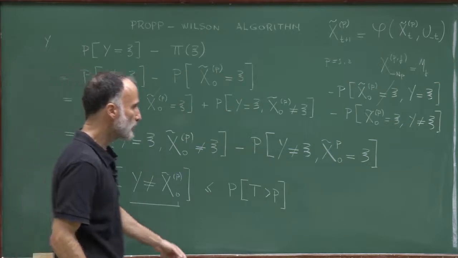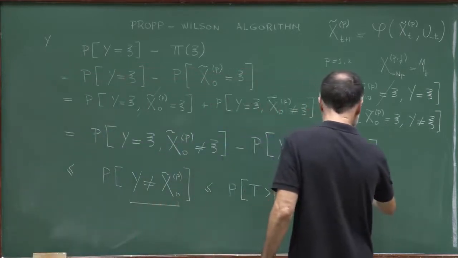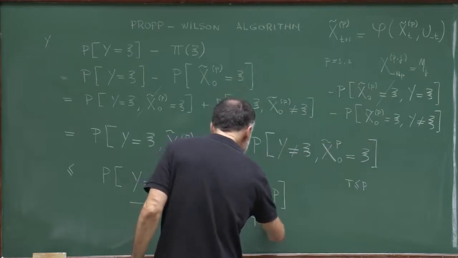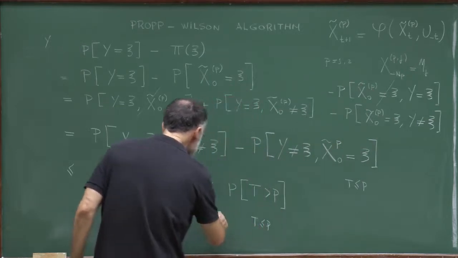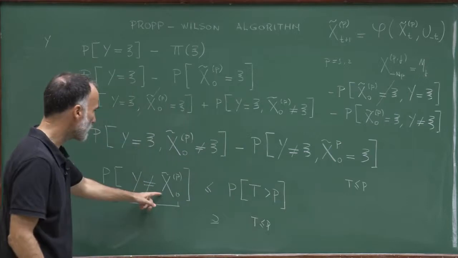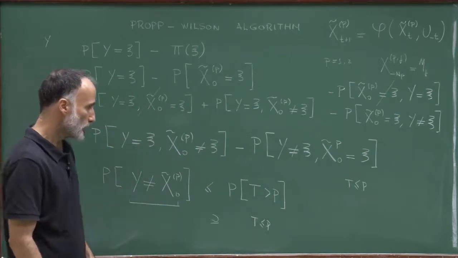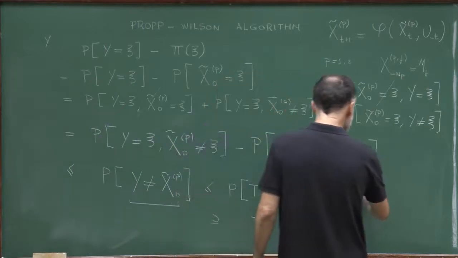Because if t is smaller than p, let me show that this event, t is smaller than p, is contained in this event, y equal to the complement of this event, which means that y is equal to that. Because if t is equal to p, what does it mean?